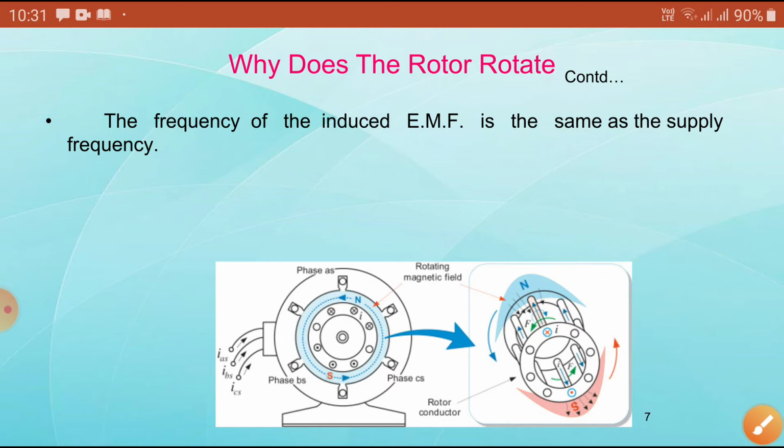Now its magnitude is proportional to the relative velocity between the flux and the conductors, and the direction is given by Fleming's right hand rule.